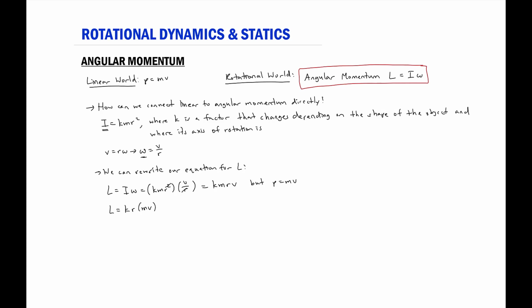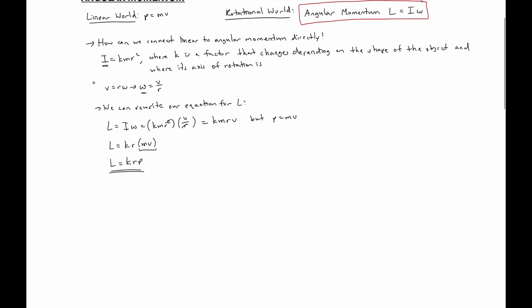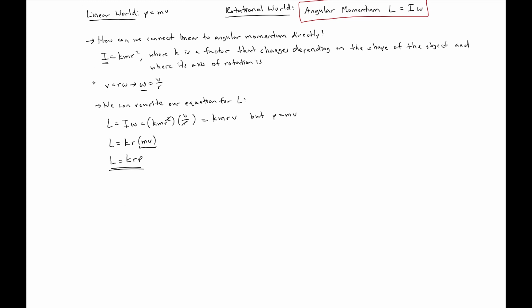And in this case, our mv can be replaced by P. So now we have a direct relationship between linear momentum and angular momentum. But to make things a little bit easier, we don't always want to have a k in front of our expression. Let's look at an example of a point particle.